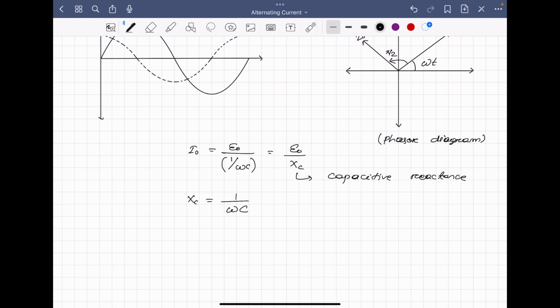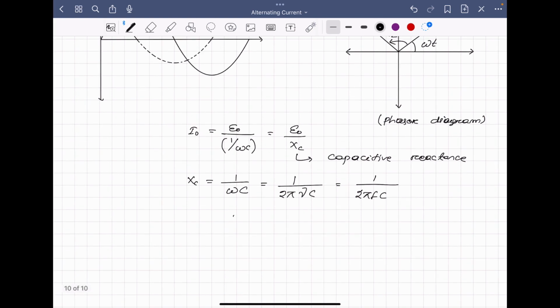Or we can write, in place of omega, the formula 2 pi nu, or 2 pi f c, nu or f, whatever. Then from this we can conclude that Xc, the capacitive reactance, is proportional to 1 by f.